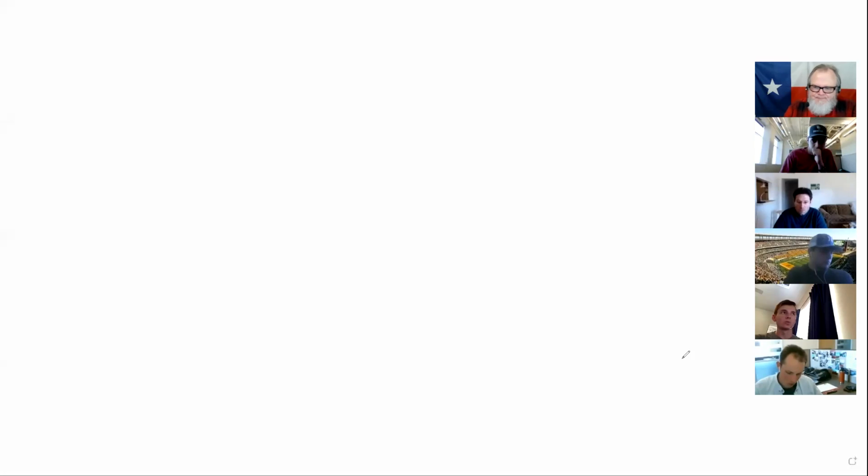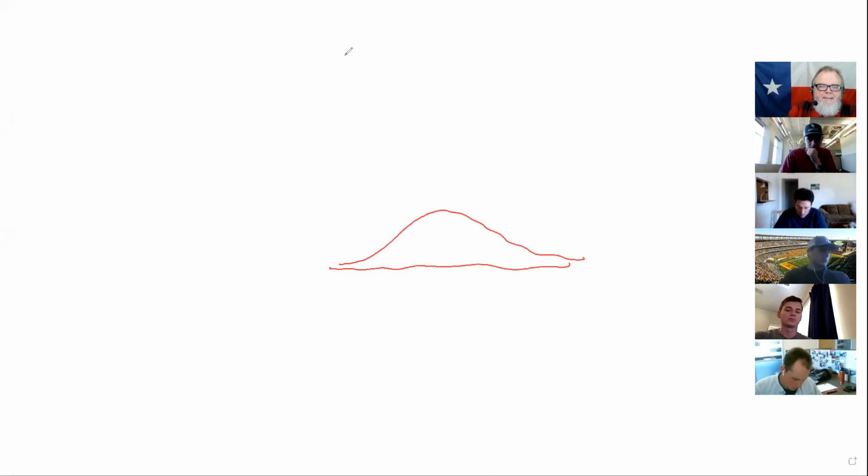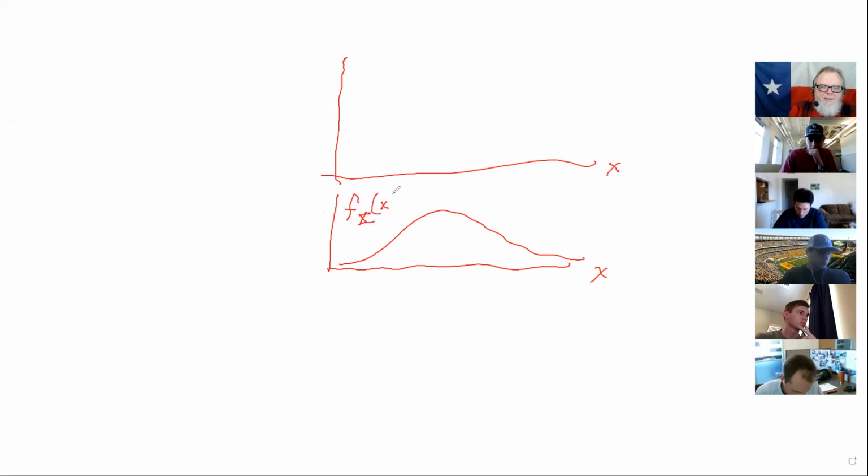And basically the idea is of this, and it's kind of curious. It means that if we have a random variable here, I'm going to put x here and x here, and this is f sub x of x.